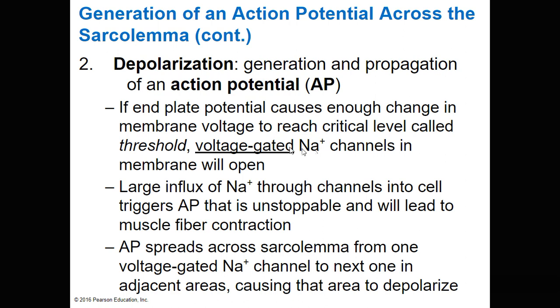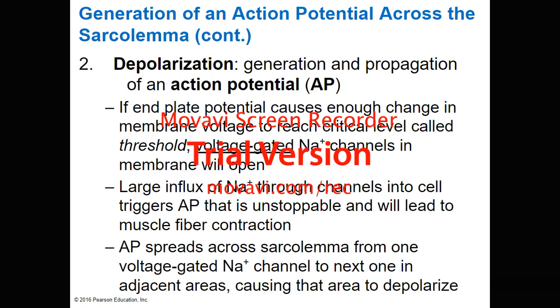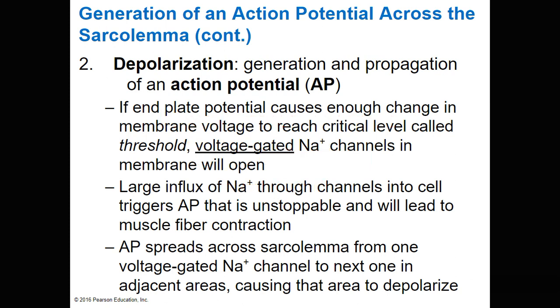The charge is what causes the sodium channels to open, and then you have a large influx of sodium through the channels, and it triggers an action potential that is unstoppable.